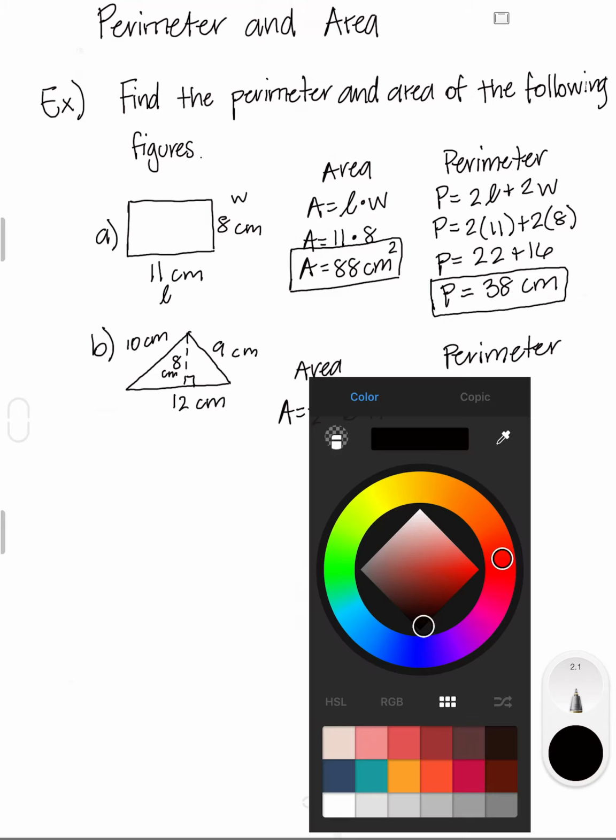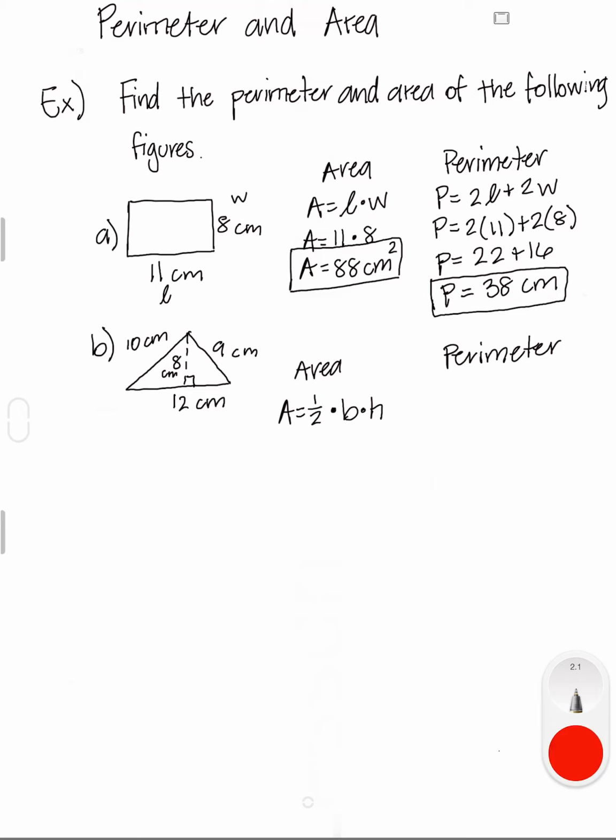So when we're talking about height, we are referring to the height from the base all the way up in a straight line to the tip of the triangle.